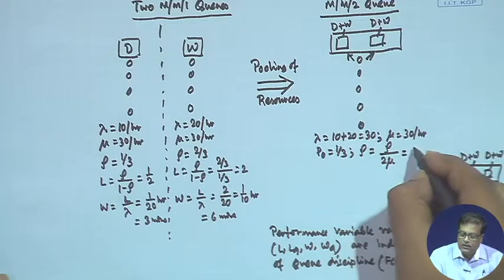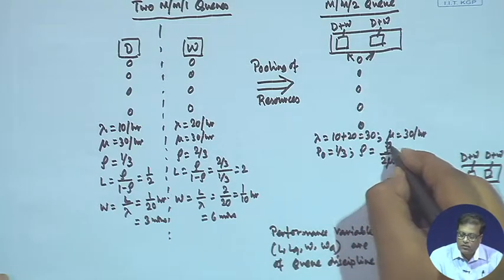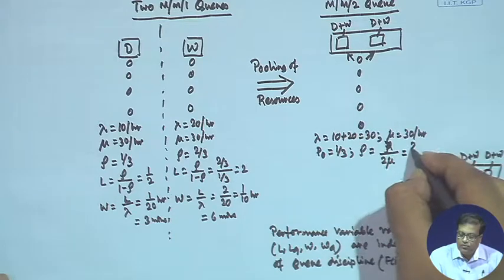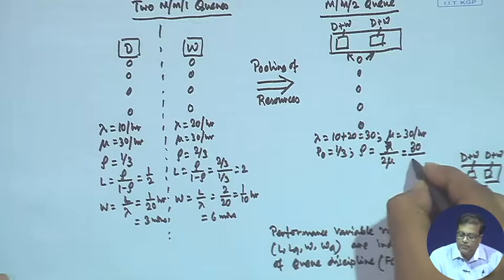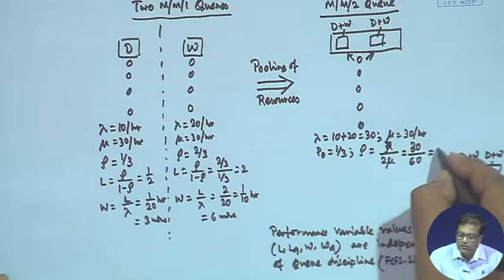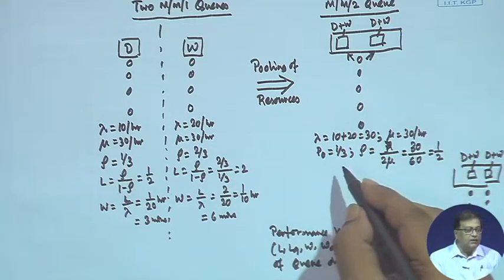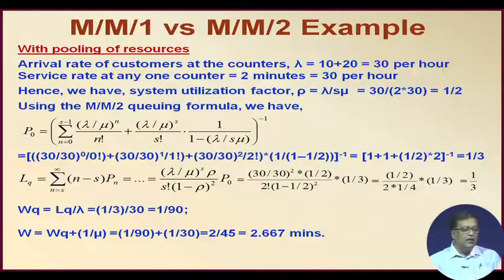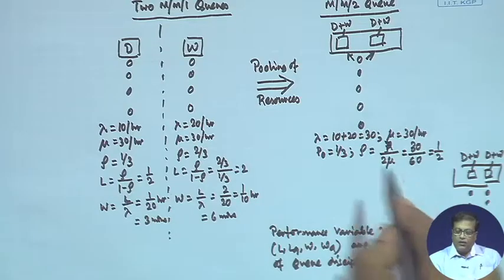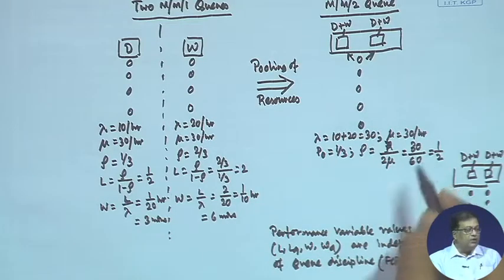So, in this case, rho is lambda by 2 mu. This lambda is 30 and this will become 60, so rho will be half. In this case P0 comes out to be 1 by 3; that calculation I have not shown here, but it will become 1 by 3 and rho equal to half.